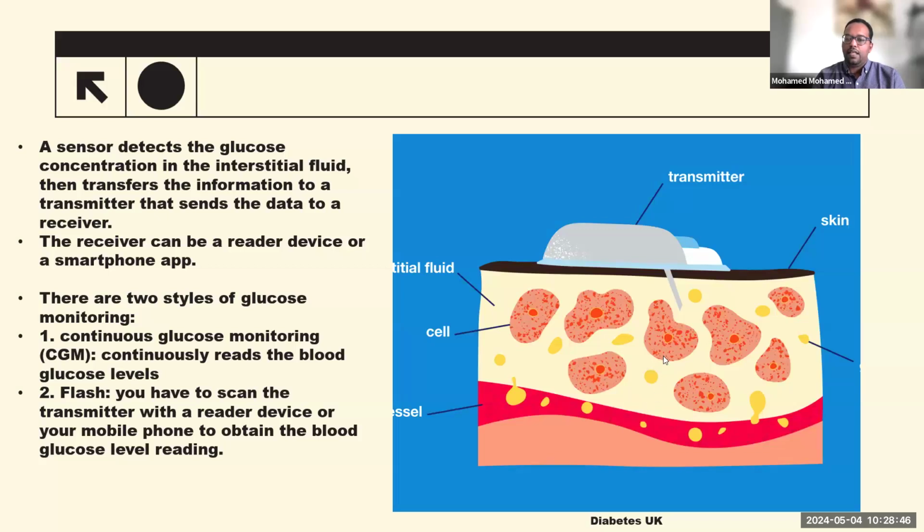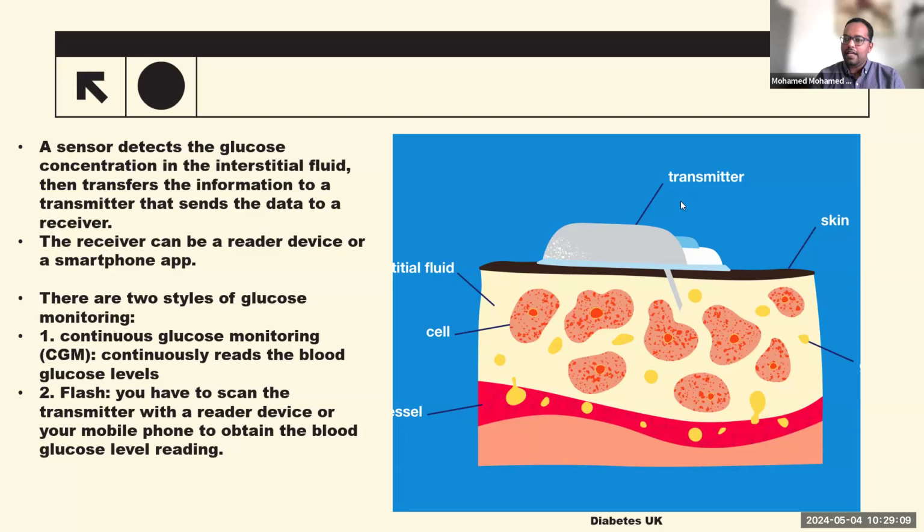And they have found that those two levels correlate very tightly. So if you have high blood glucose in your blood, you will end up having high blood glucose in your interstitium and vice versa. So the sensor checks the blood sugar in your interstitium and sends this to a transmitter that's usually attached to the sensor, and the transmitter sends these signals to a receiver.